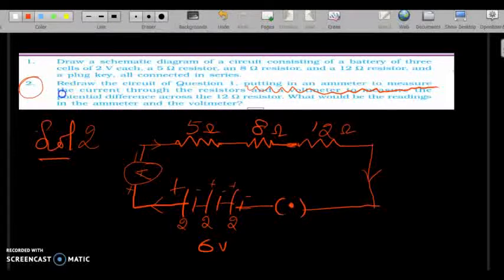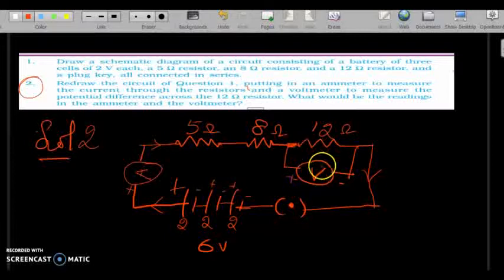As you can see, the voltmeter is connected across the 12 ohm resistor, with its positive end and negative end.